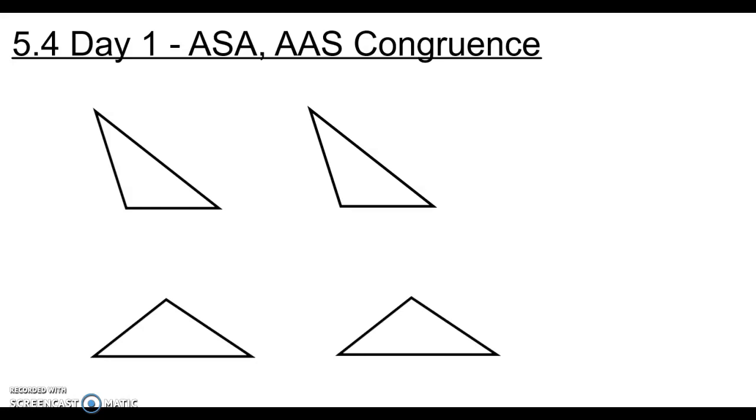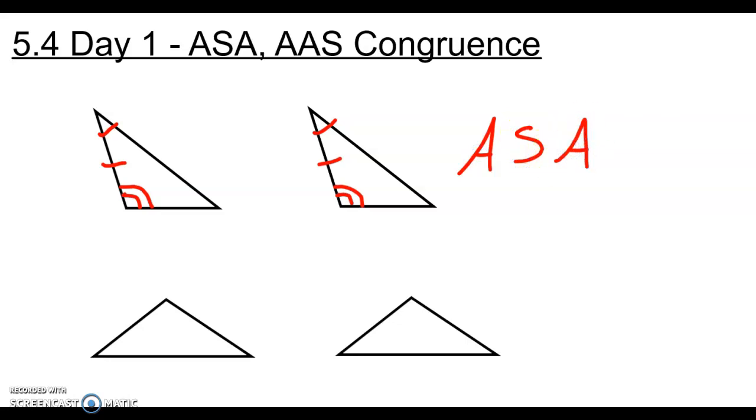Pretty similar to what we've been seeing the last few days, just turning our focus to the other two main triangle congruence theorems that we have. So angle side angle would look something like this, where you've got the two congruent angles and sandwiched in the middle is a congruent side.